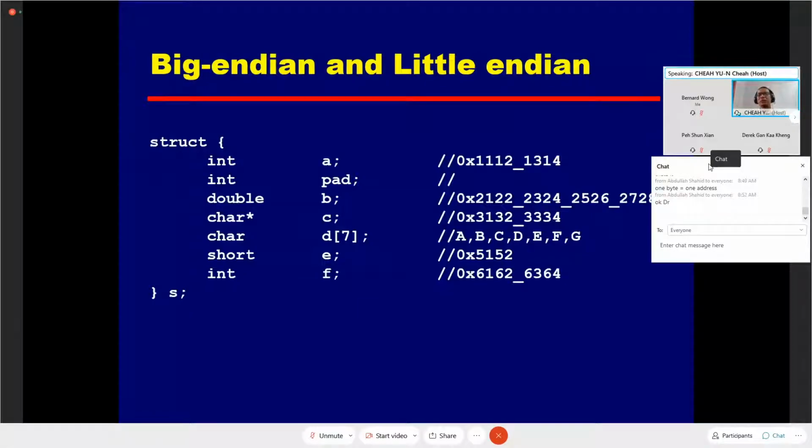Imagine if you use English or Arabic, the meaning must be the same. If I say apple in English and apple in Arabic, no matter how you do the writing, an apple is still an apple. So be careful: big endian, little endian, the meaning of the content must remain the same.